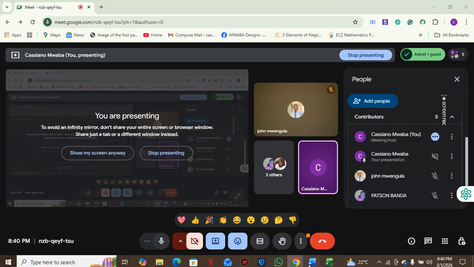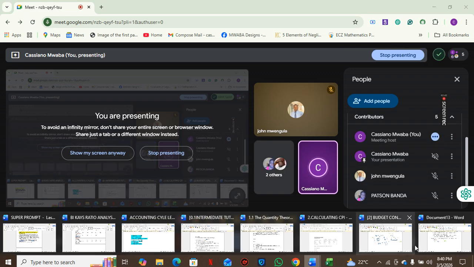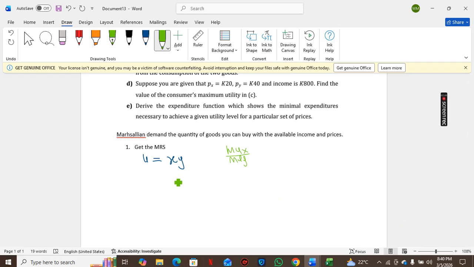First we get the marginal utility of good X, meaning we partially derive our utility function with respect to X, only deriving X in this expression here.